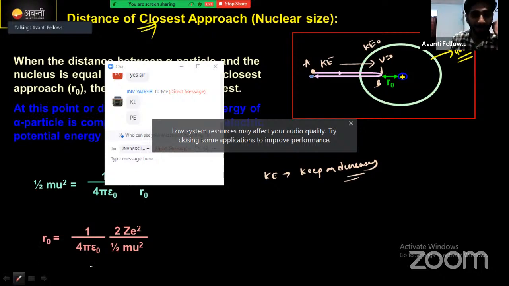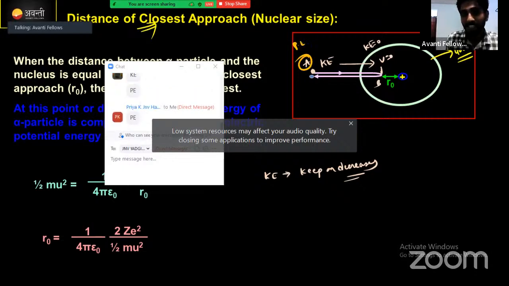At point A the potential energy is low; when it approaches point B, potential energy will become maximum. Kinetic energy keeps on decreasing, which means potential energy keeps on increasing.